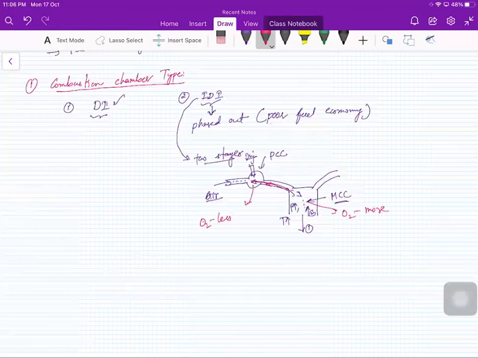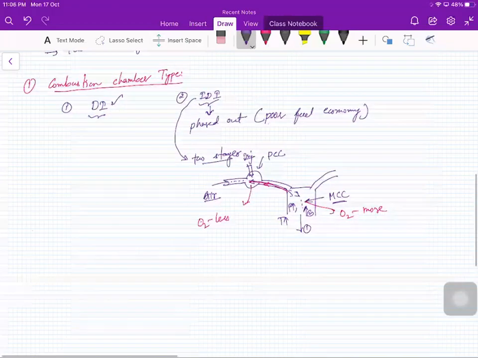Once the hot compressed air reaches the pre-combustion chamber, the injector injects the high pressurized, atomized fuel into it. All the fuel is injected only in the pre-combustion chamber.